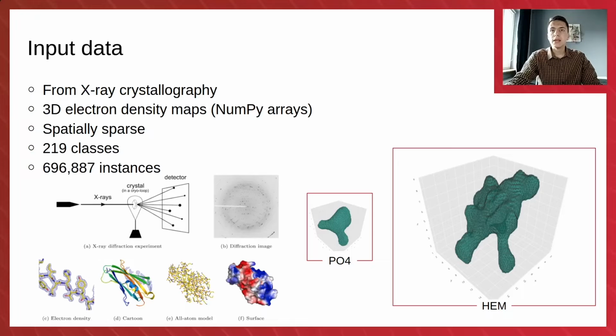The labeling is performed on data obtained from X-ray crystallography, a method for estimating crystal structures through X-ray beam diffraction. The results of the process may be represented using 3D electron density maps, in the case of this particular project, NumPy arrays. In case you remember molecules from the previous slide, you can compare them with the new ones on the current slide.